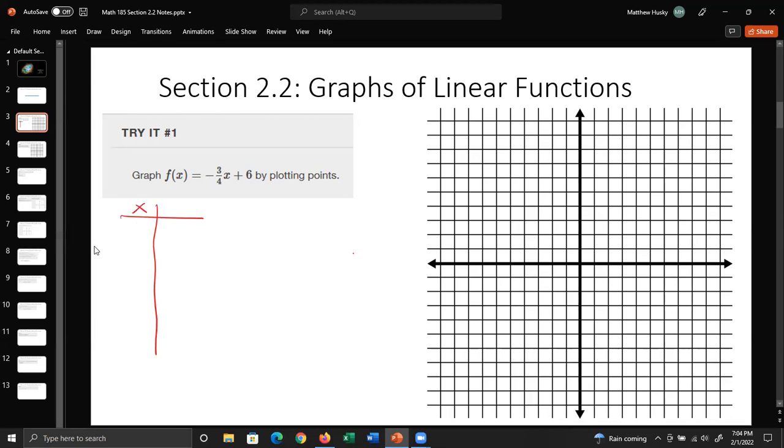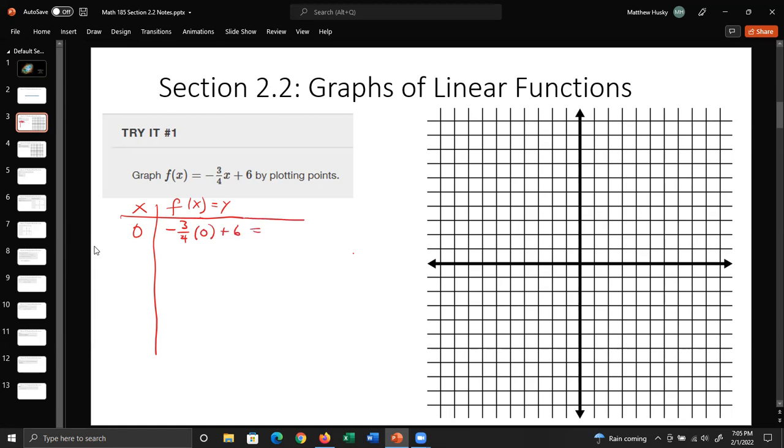To start with, I'll pick the number 0 because 0 is always easy to calculate with. And we'll see what f of x or y value that will give me. So we're going to do negative 3/4 times 0 plus 6.